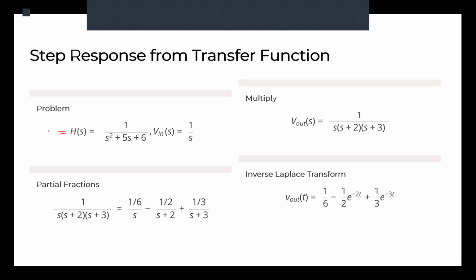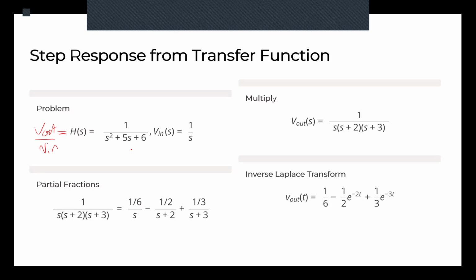The transfer function is V out over V in. Since we know that, it means that we have to multiply the transfer function by the input so we can find the output.